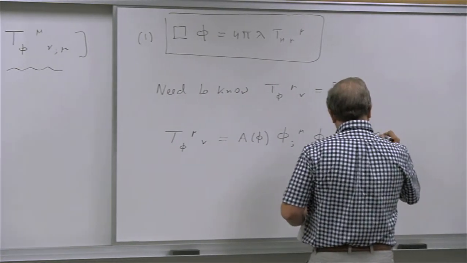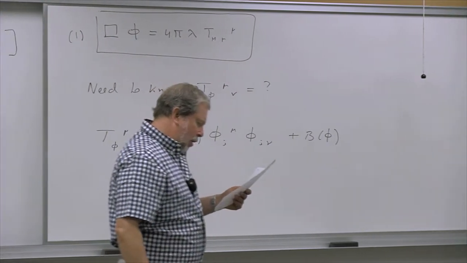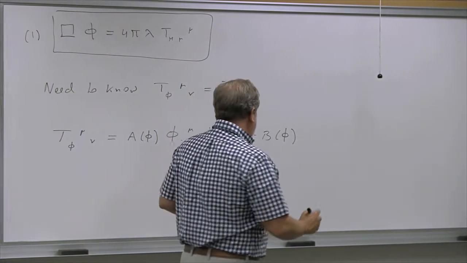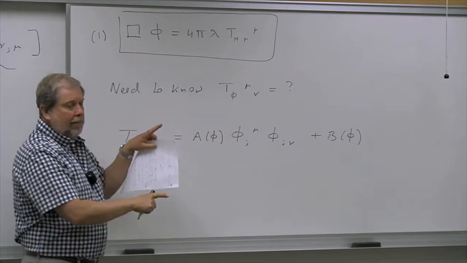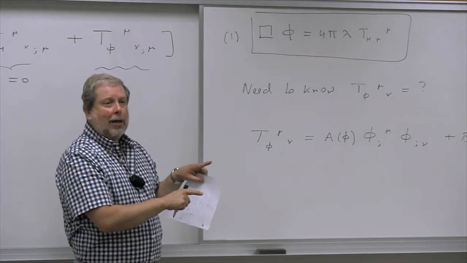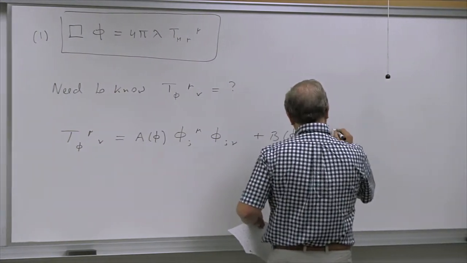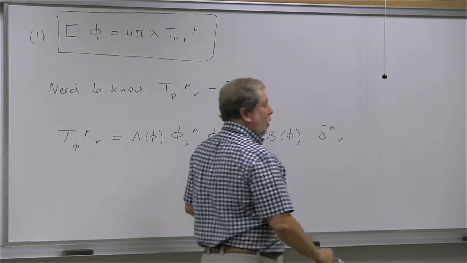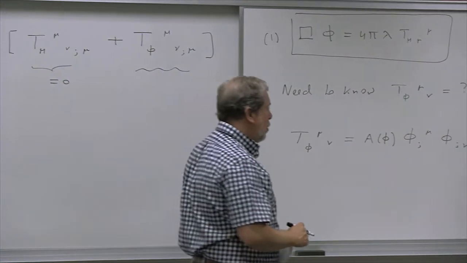But so that's not the end of it, because we can have also some other function B of φ that multiplies something else. That is, here the indices μ and ν come from different derivatives acting on the φ, but we can also have the same derivative acting on the φ and have here instead the metric, or if you want, because one index up is one index down, you can have the δ_{μν}.